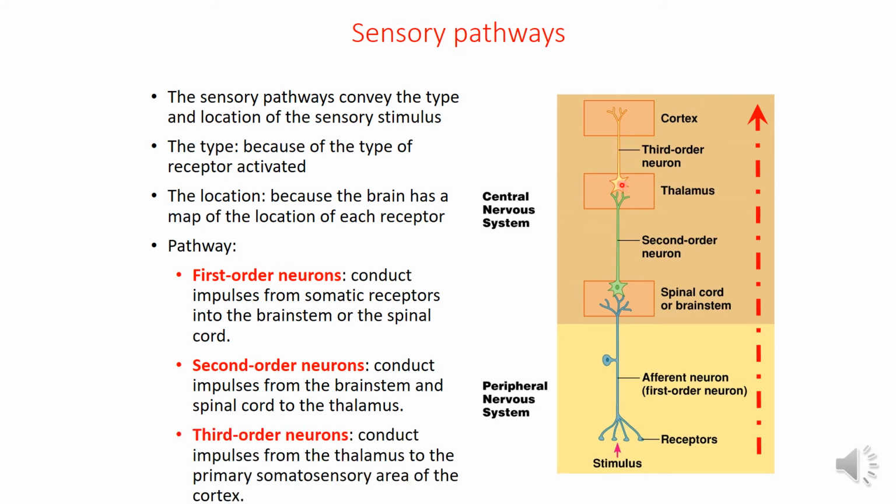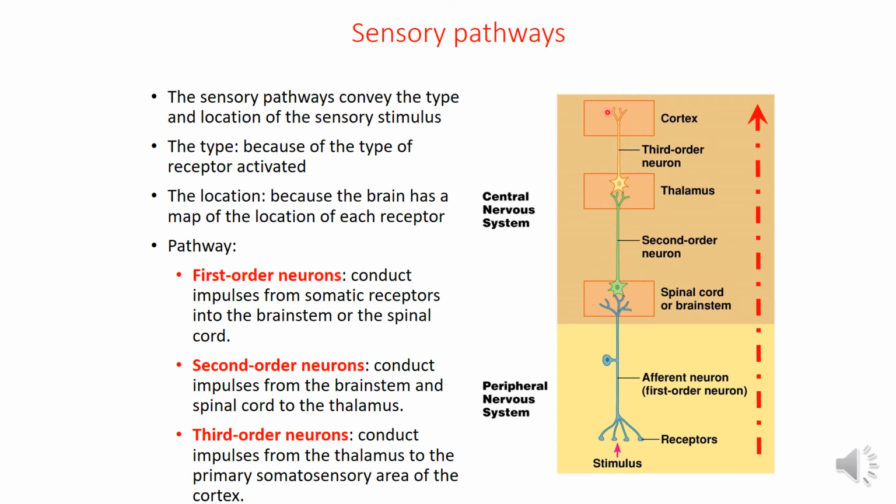Third order neuron carries the information from the relay station, the thalamus, to the primary somatic sensory area of the cerebral cortex, the area we previously named the post-central gyrus. According to Brodmann's classification, it is areas 3, 1, and 2.